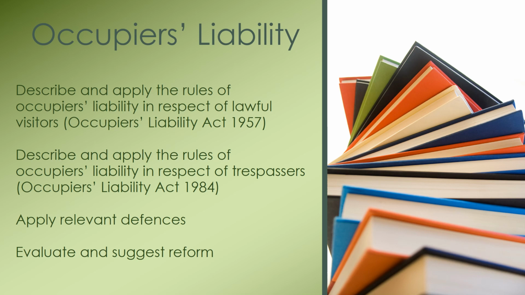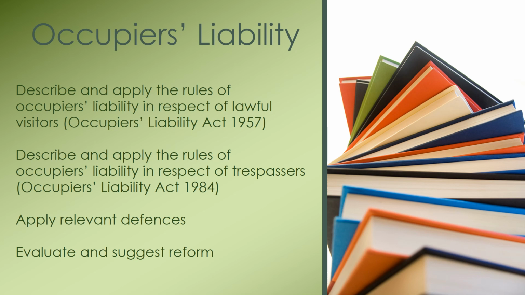So have a look at the title slide for this and you'll see the learning objectives underneath the title. So occupiers liability essentially refers to actions where occupiers of land are alleged to be responsible for injuries to either visitors or trespassers that have been on their property at a particular time.